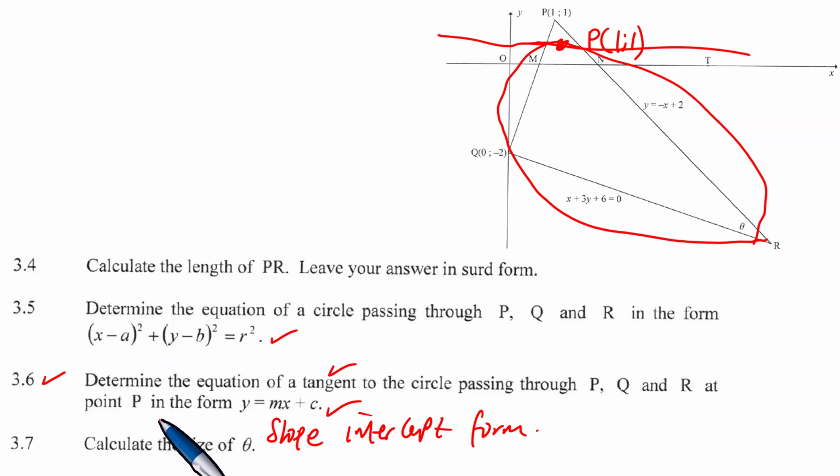What do we know? We know a couple of gradients. These gradients that we know, are they enough? Are they not enough? We check. We need a gradient of a radius.